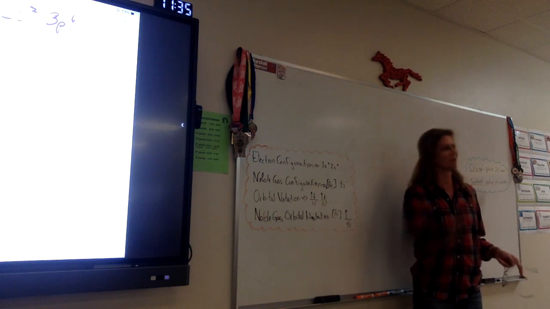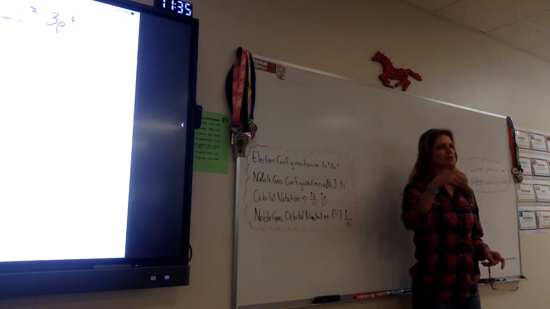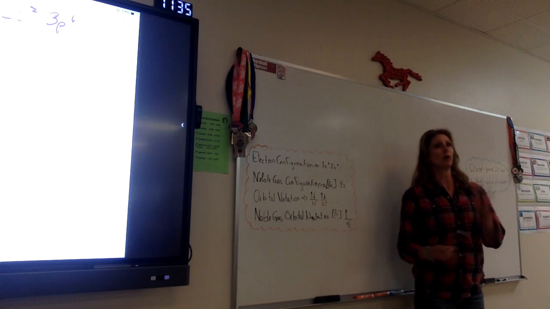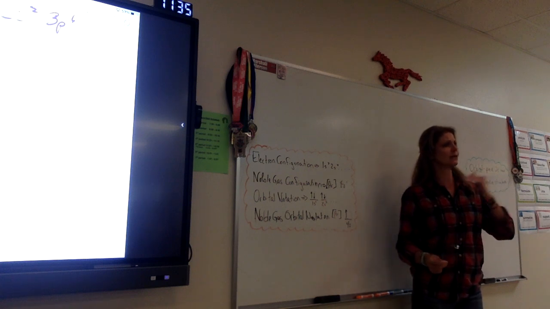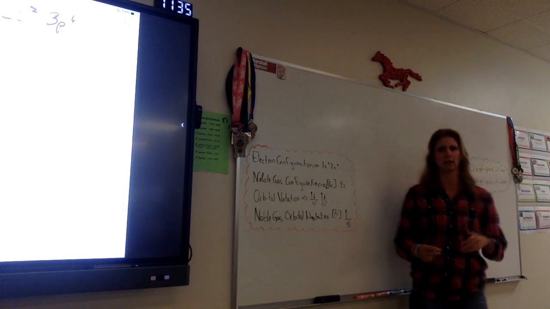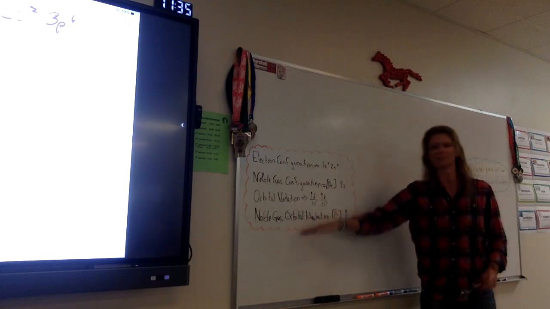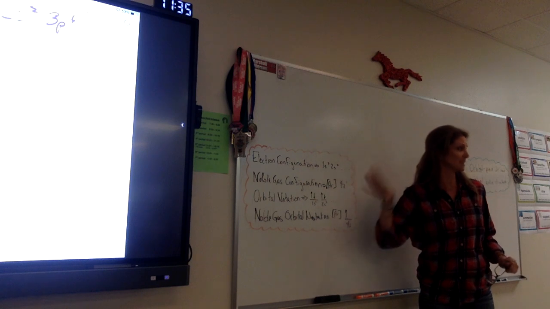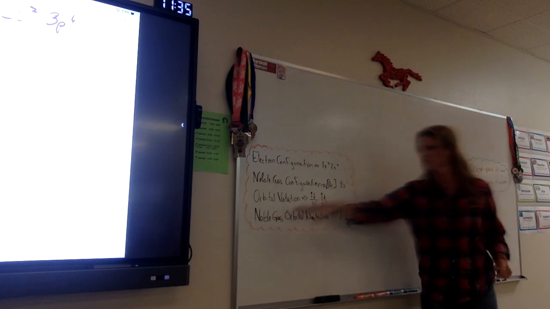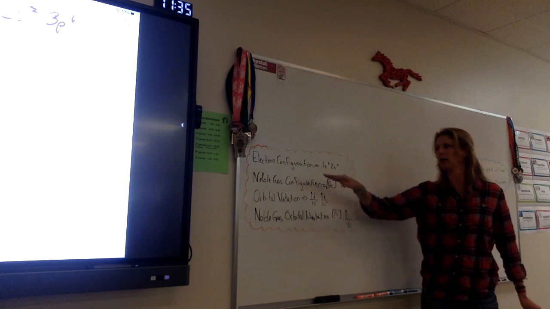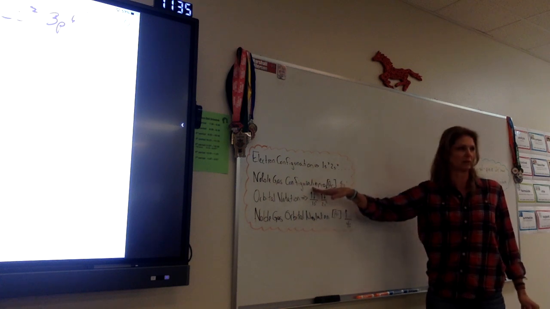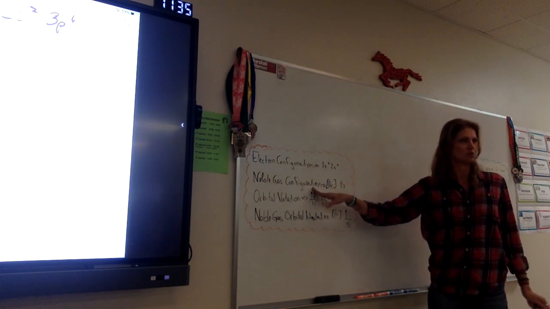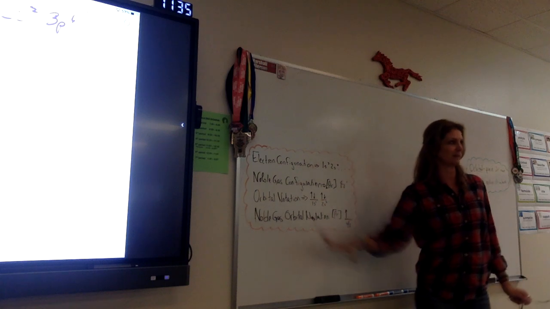And so you get it wrong, not because you don't know how to do it, but because you answered the wrong question. So, helpful hint, when you're studying for this test and for the quiz on Tuesday, make sure you know what these phrases mean. Focus on those, because I know you'll know how to do the skills. They're easy. But when I ask for noble gas orbital notation and you give me noble gas electron configuration, you're going to get it wrong. So you've got to concentrate on what these mean.